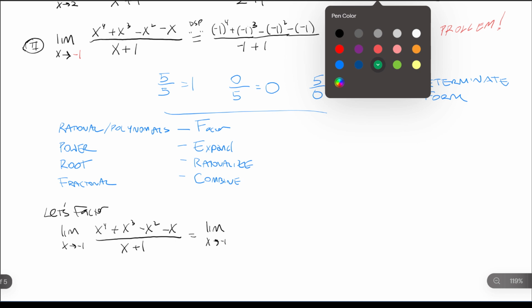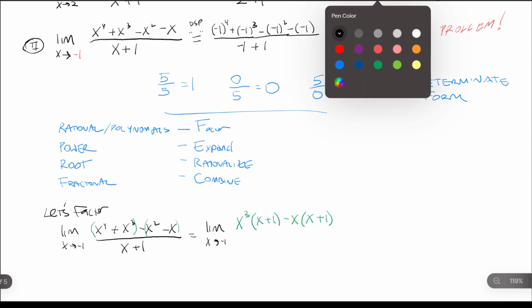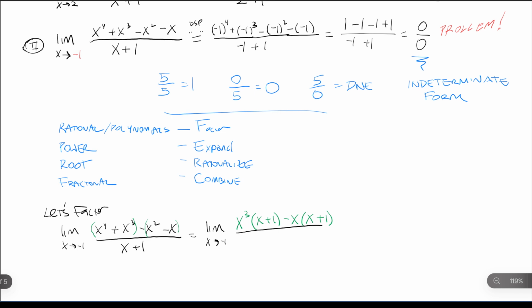We can identify the fact that we have 2 terms here, x to the 4th plus x cubed. Then we have this minus x squared minus x. And let's see what we can do to factor these terms out. Okay, so we end up looking at the first 2 terms and having a common x cubed, x plus 1. I'll factor out the minus x, and we're left with an x plus 1 as well. Now these common x plus 1 terms are what are going to allow us to be able to factor by grouping.